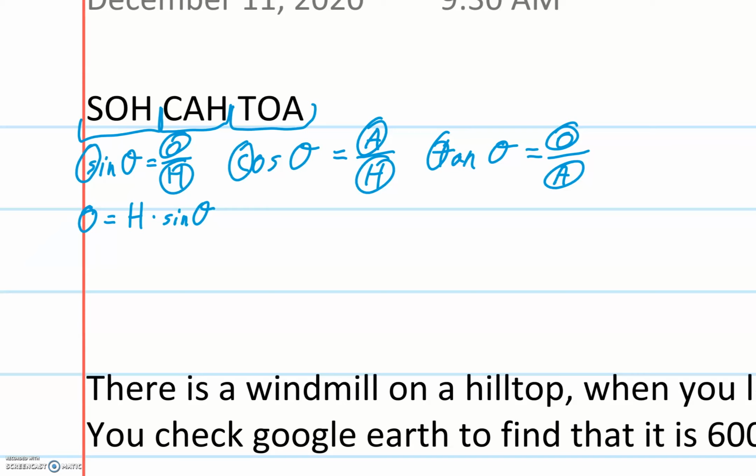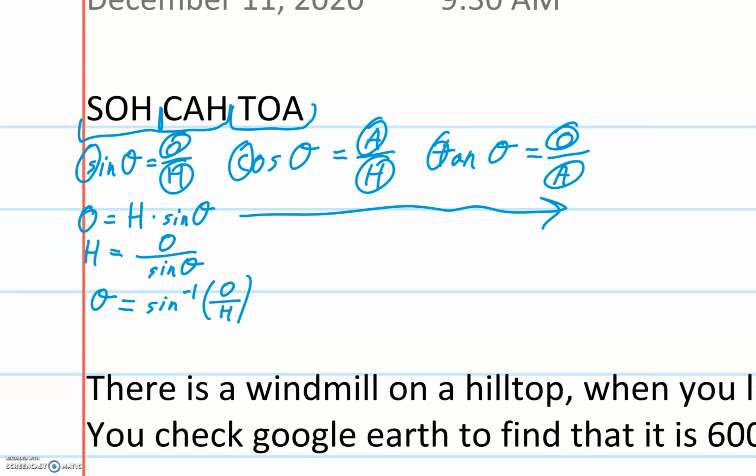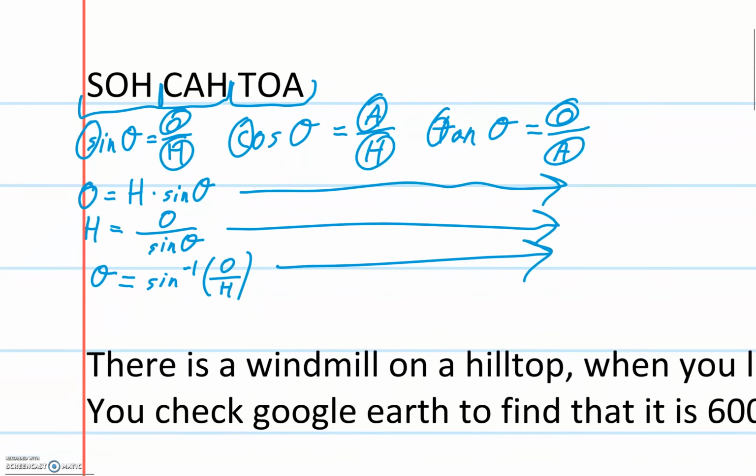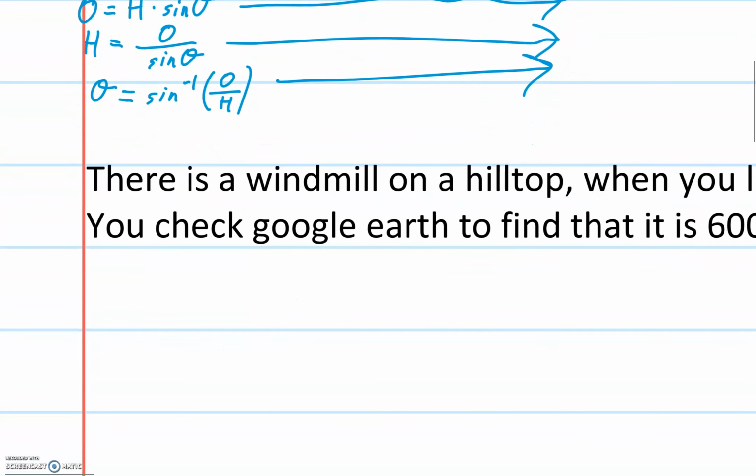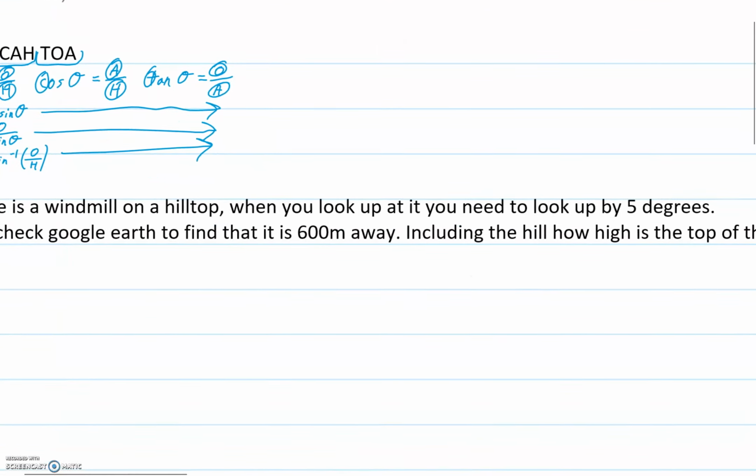The next one would be H equals O over sine theta. And then finally, you could have theta equals sine inverse of opposite over hypotenuse. Each of these can be used for the other two equations as well. You just have to rearrange it depending on which letter you're looking for, or which unknown, I guess, is the better way to look at it.